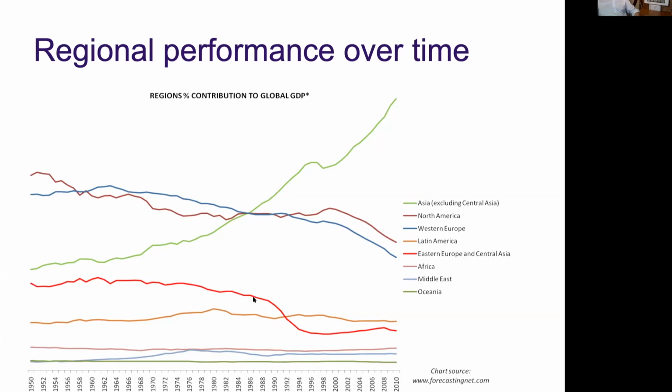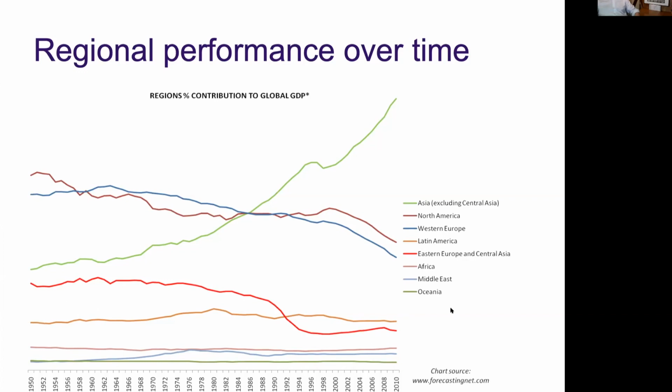Interesting is Eastern Europe. Economically speaking, up to the 1990s we have a relatively stable situation, a little bit of a decline. Then we have a sudden drop and then a stabilization on a lower level. Of course, this is the implosion of the Soviet Union, which had a big impact on the region. Latin America is more or less stable, not much progress is seen.